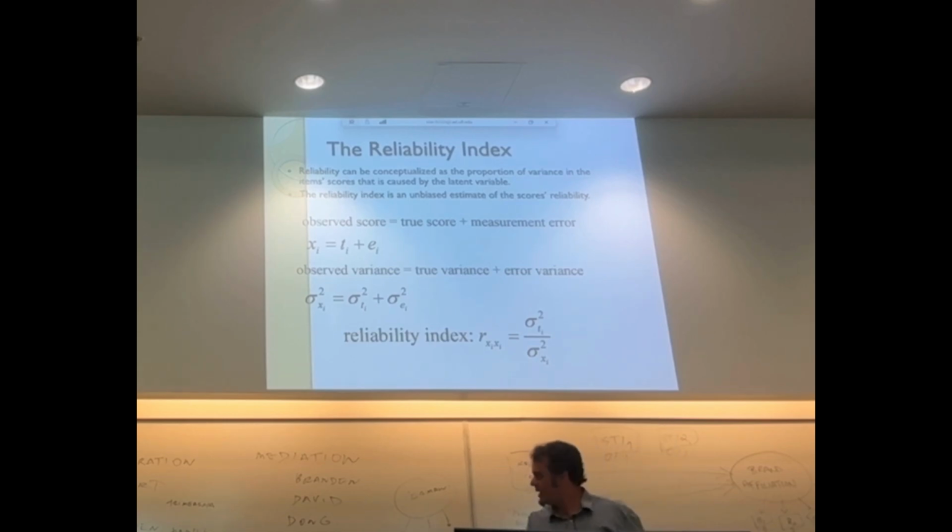Confirmatory factor analysis takes the observed score and divides it into the true score, which is the part due to the latent variable, plus measurement error. Therefore, there is this reliability index here, which is not how we calculate reliability, but conceptually it is what reliability is: the variance of the true score divided by the total variance.